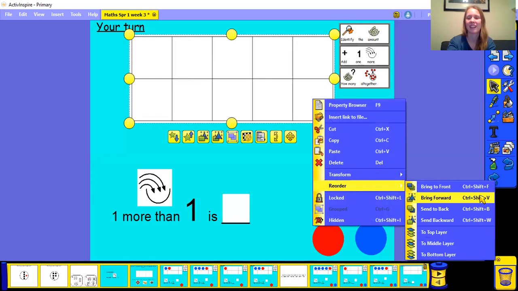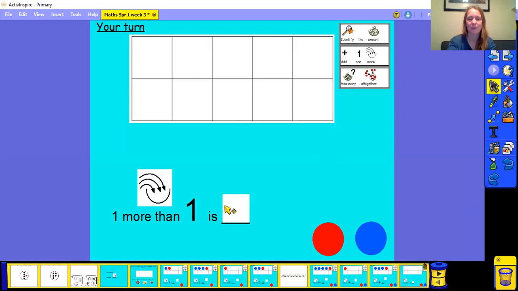Okay, let's have a go together. So this time it says 1 more than 1 is, so what's my first number? What number am I starting with? 1 more than 1. 1 is my first number. So I'm going to put 1 blue counter onto my 10 frame. But then I need to add 1 more.